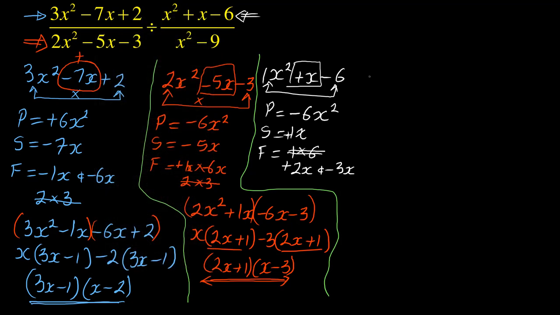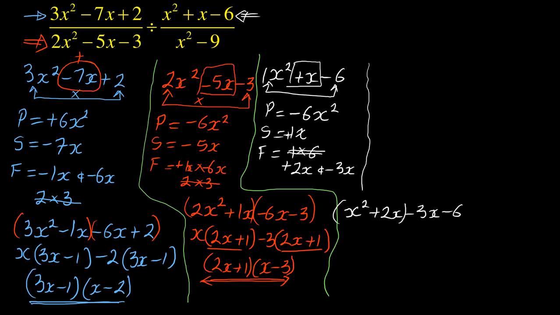When I have done that, I can then rewrite this as x squared. Where there is plus x, I will have plus 2x minus 3x, those factors, minus 6.